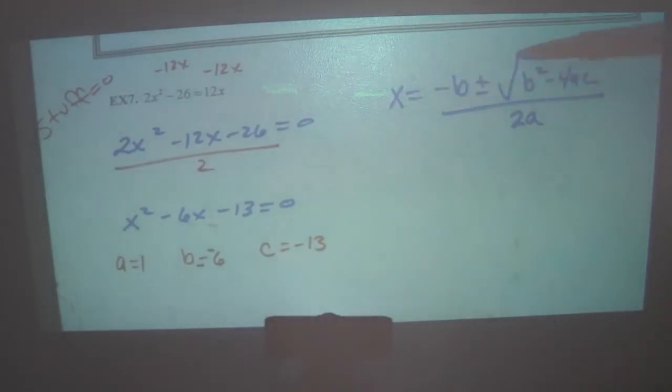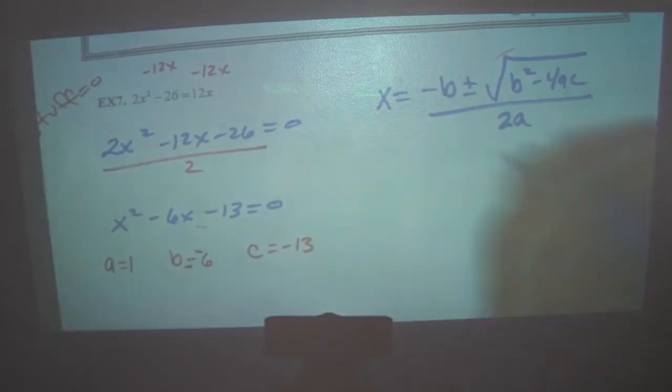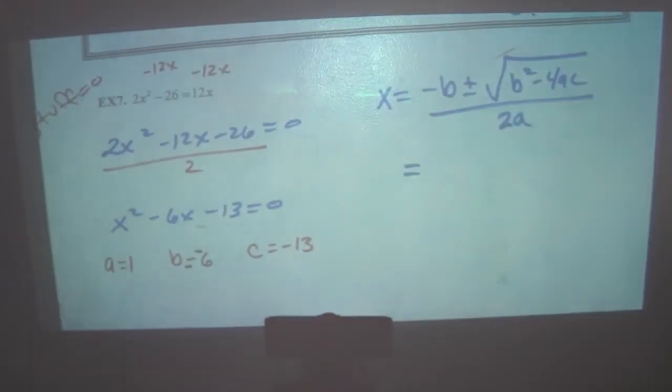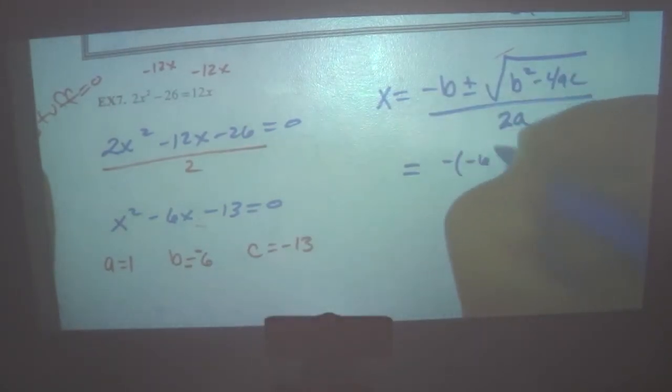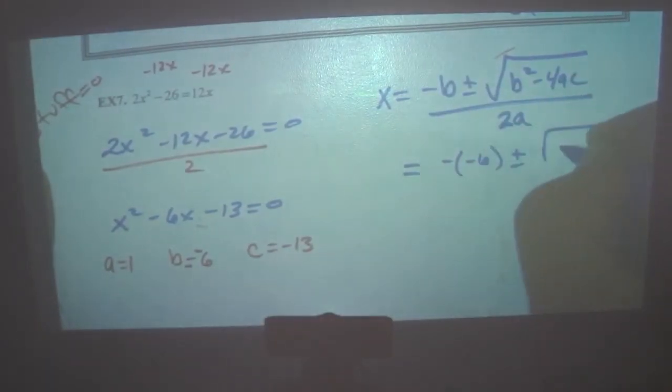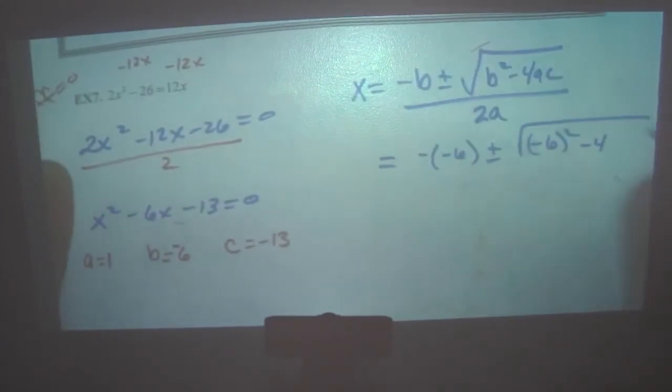Okay? So there are no x's to put in here. These are all numbers we're going to punch in. Okay? Which makes it awesome to work with. So I have negative b, a negative 6, plus or minus the square root of negative 6 squared, minus 4 times a, which is 1, and c is negative 13.